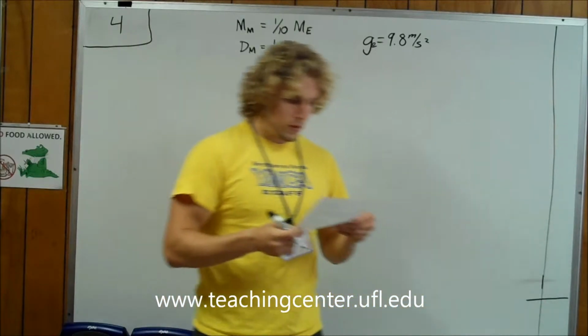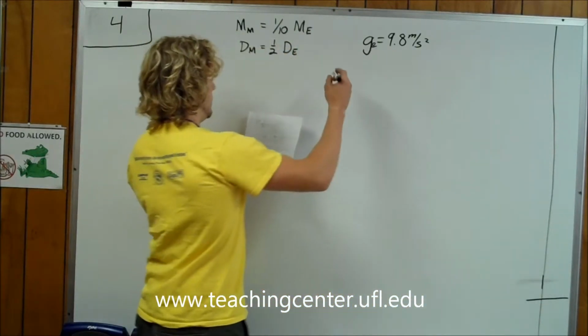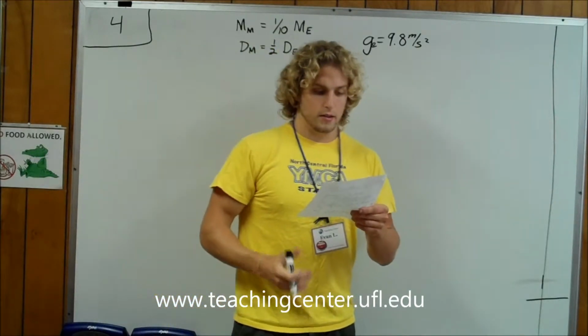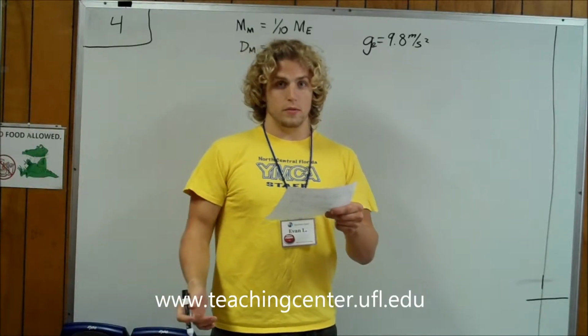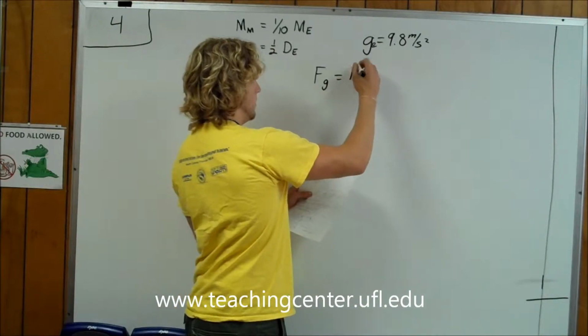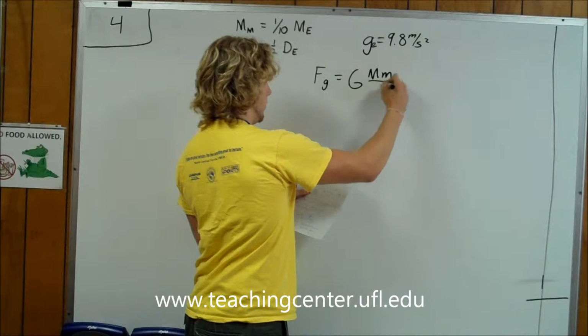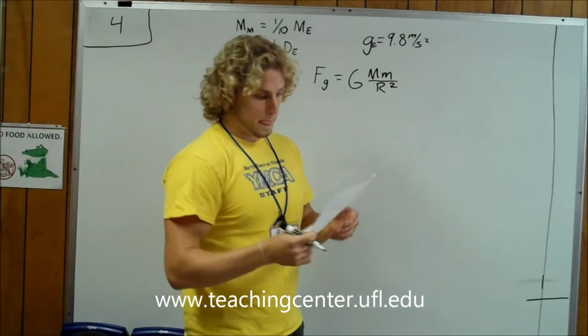So, what can we do with all this? We know that to find the force of gravity, the equation is force of gravity is equal to G m m over r squared, right?